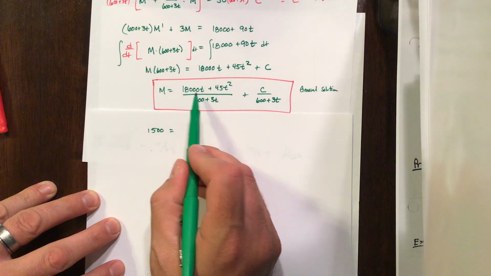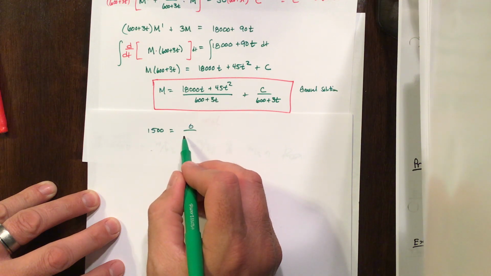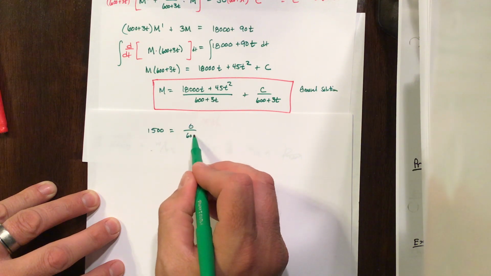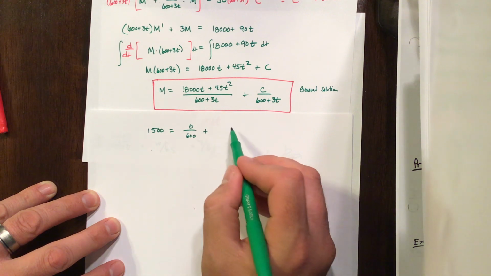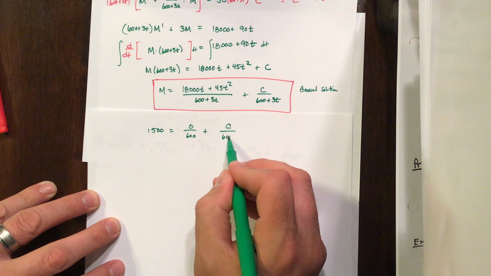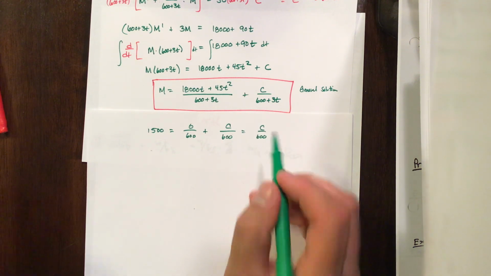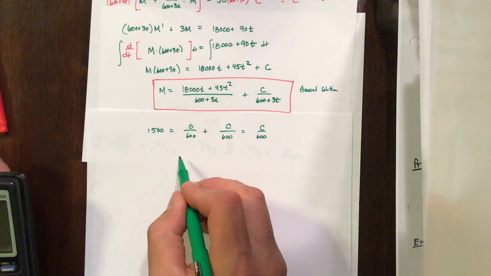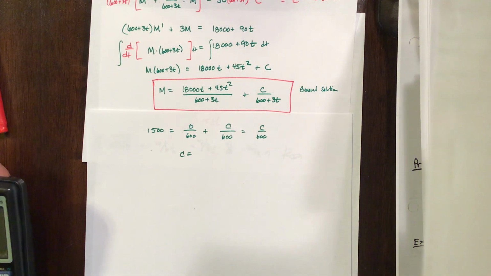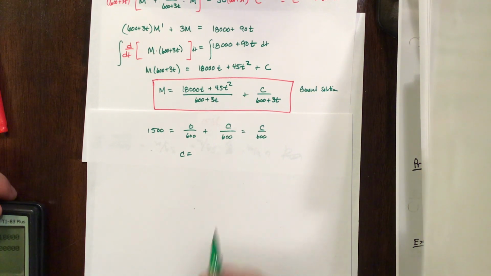So that's 0 plus 0 is 0 over 600 plus 3t, 0 over 600, plus C over 600. So C over 600 is equal to 1,500. So what does that tell you that C is? 1,500 times 600 is 900,000.